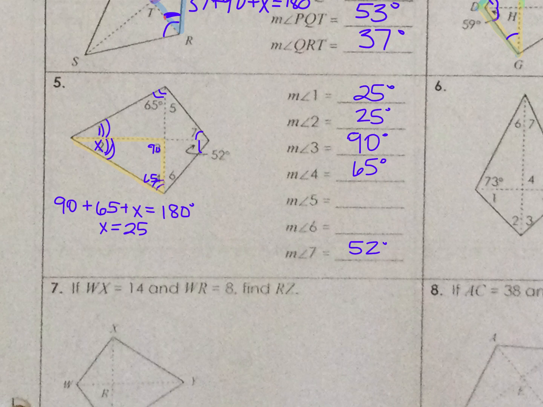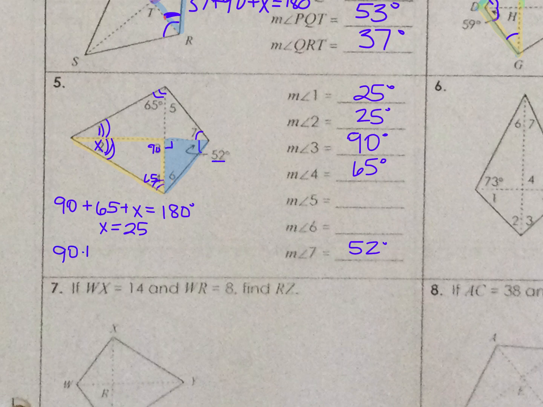The only angles I have left are 5 and 6. So let's do the same exact thing we just did. Let's just pull out a different triangle to work with. Let's pull out this blue one. So I know that one part is 90.